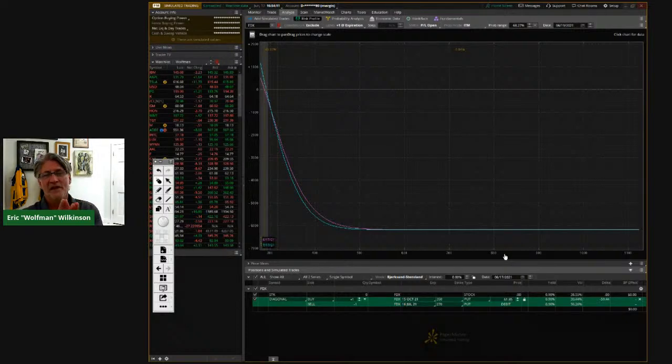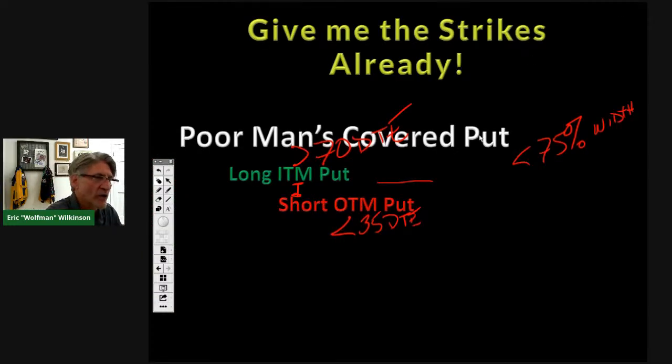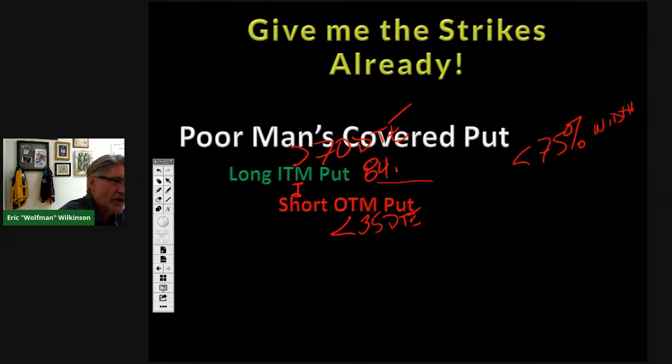So a little bit of review here. How are we setting this trade up? We're buying the long in the money 84 delta put, longer duration.